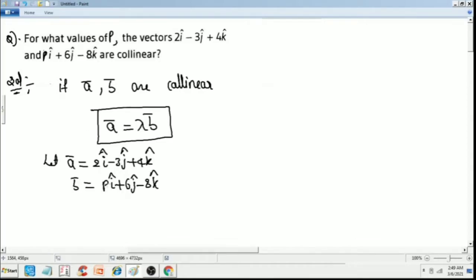Both are collinear. From here what I am doing, take common minus 2.